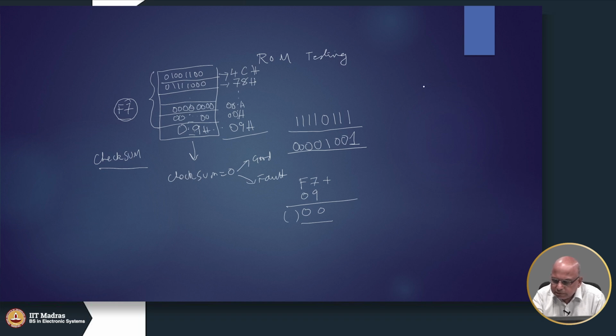The other one is which I mentioned I believe in the last class. So, we can have a counter which reads out the contents of the ROM, and we compress or compact the responses using an MISR. So, response compaction.